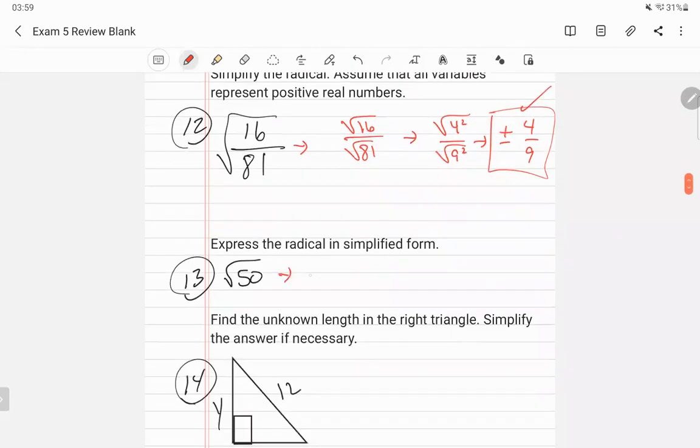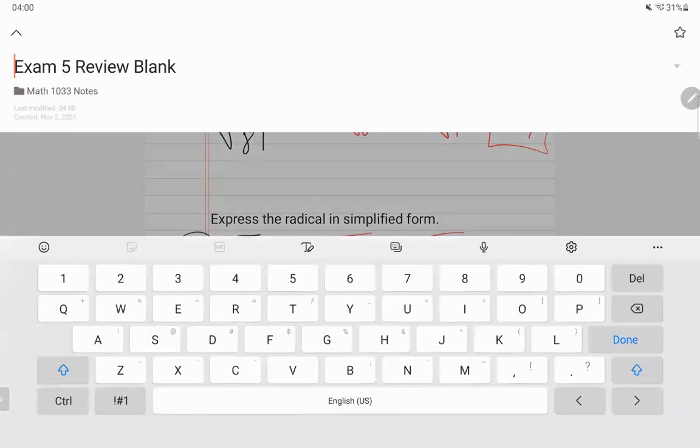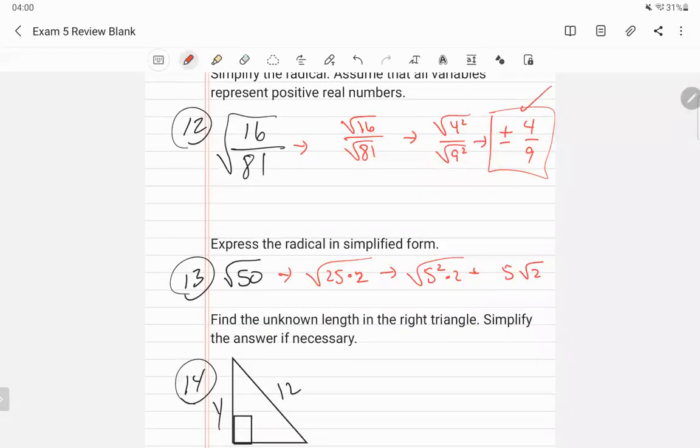Here, remember, this is the square root of 25 times 2, which gives us square root of 5 squared times 2, which gives us 5 square root of 2. And really, if we want, we can squeeze the plus or minus in the front. Sorry, guys.